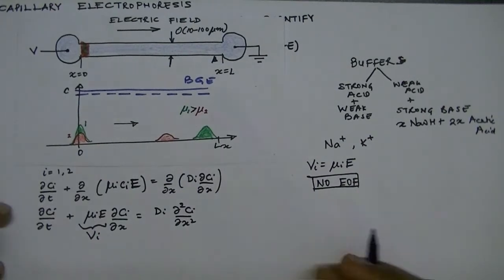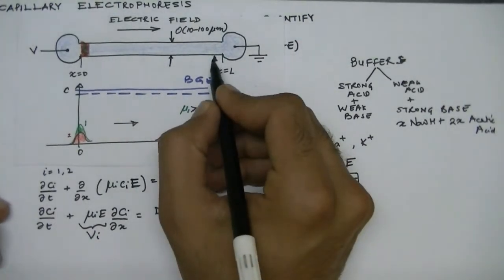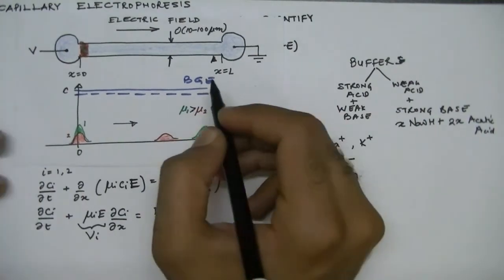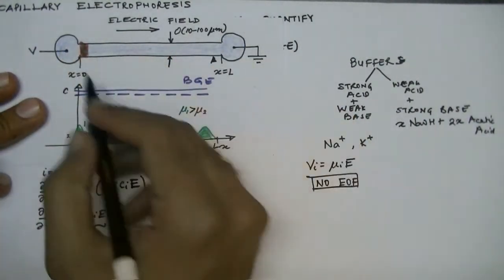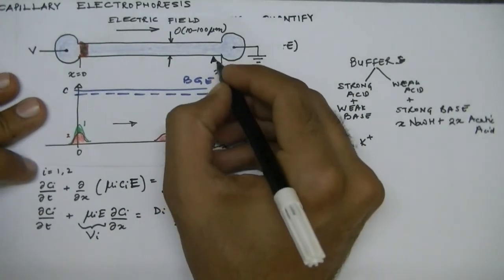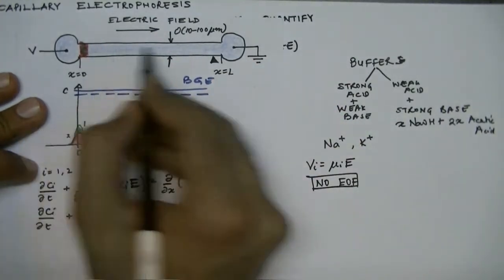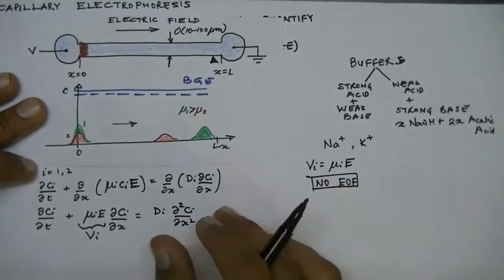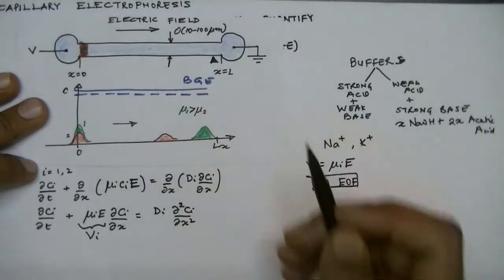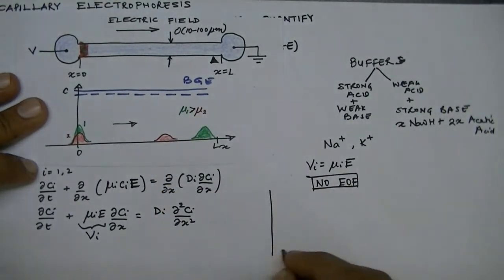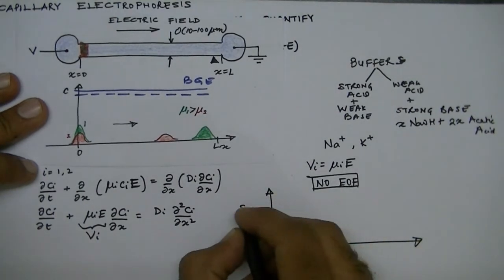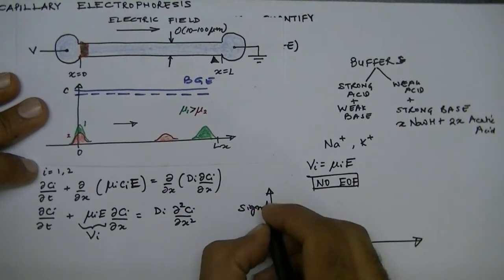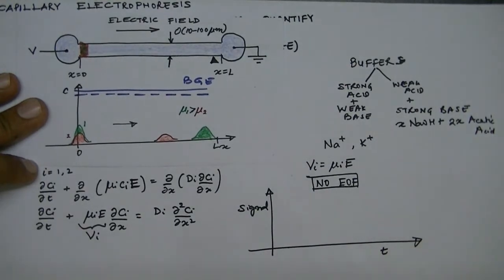What happens is that if you have a detector over here, you don't need to visualize the whole channel. You can certainly do that, but even if you have a point detector, these peaks will migrate over this detector, and finally you can record a signal, with signal on the vertical axis and time on the horizontal axis.